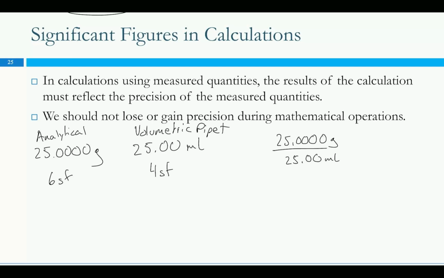So they're on the same scale, we might say. Whereas if we did grams per liter, a liter is 1,000 times larger than a milliliter. So we've got a disparity between the scales of our measurements.